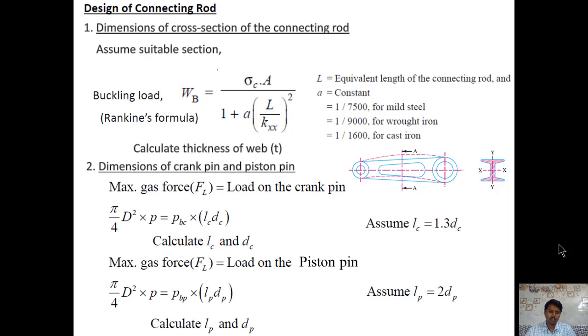So, the gas force pi by 4 D square into p is equal to the allowable pressure on the piston pin into the projected area. Here, the projected area is LP into DP. LP is the length of the piston pin and DP is the diameter of the piston pin, and generally we assume LP equal to 2 into DP.